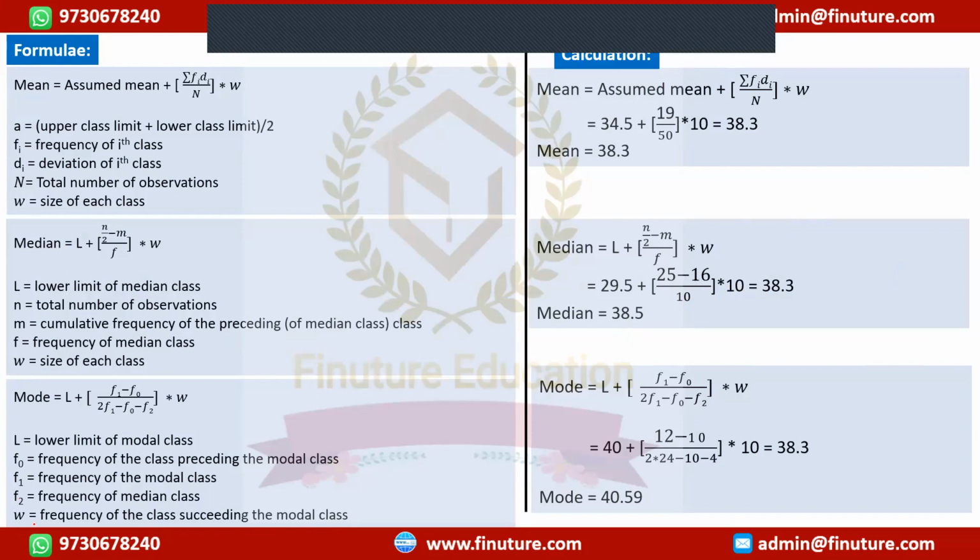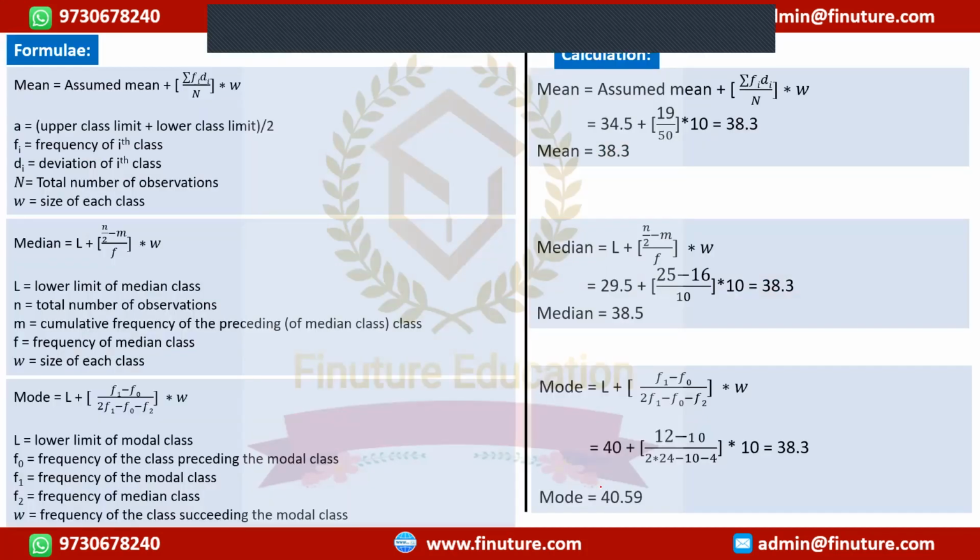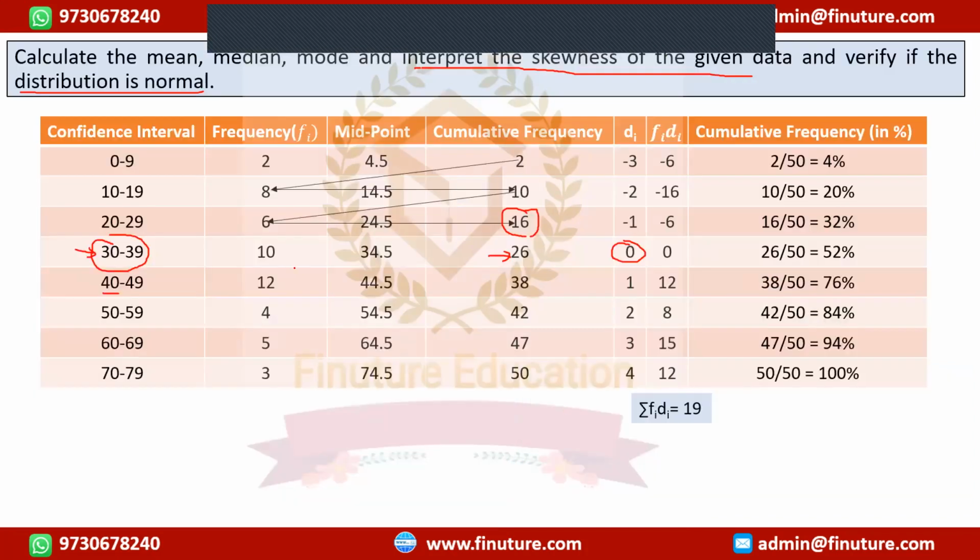Likewise, there is a formula for mode. For mode, the lower limit remains the same, but it is for the modal class. When you're calculating a mode, you have to consider the class wherein there is the maximum number of students. In this case, it's 12, and the lower limit of this modal class is 40. So we have used this 40. F1 is the frequency of the modal class, and F0 is the frequency of the class preceding the modal class.